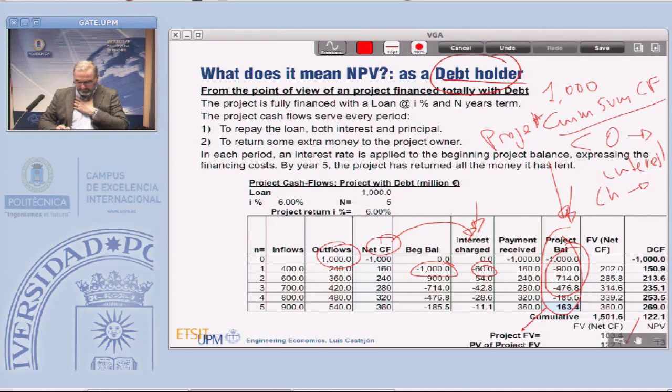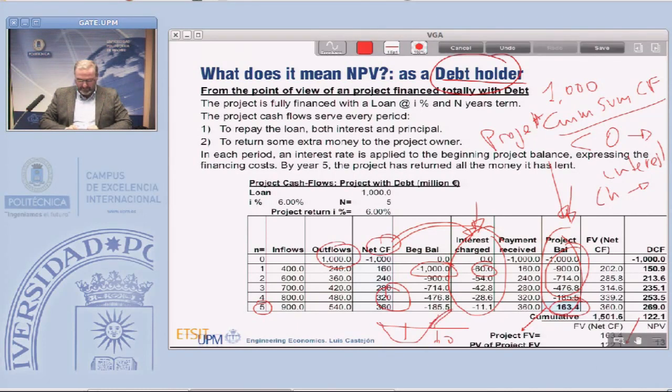And then at the end, this project balance at a certain time will become positive, because we have paid all the amount borrowed, and as we have positive net cash flows, after a certain time the project balance, which has been negative during the project, in year 5 becomes positive.